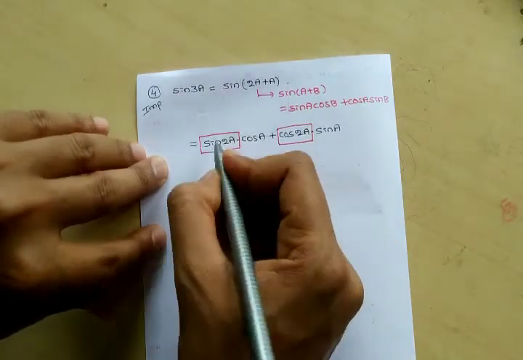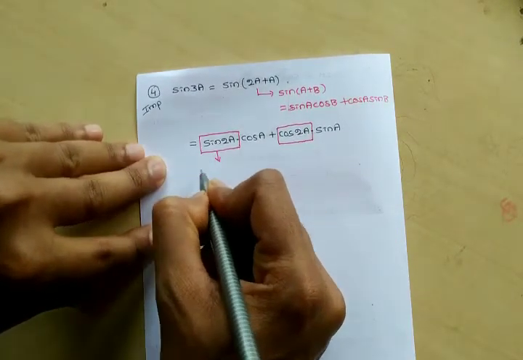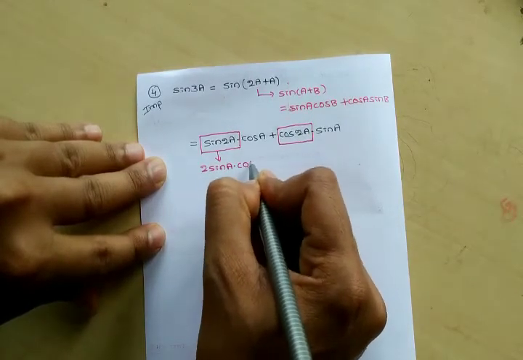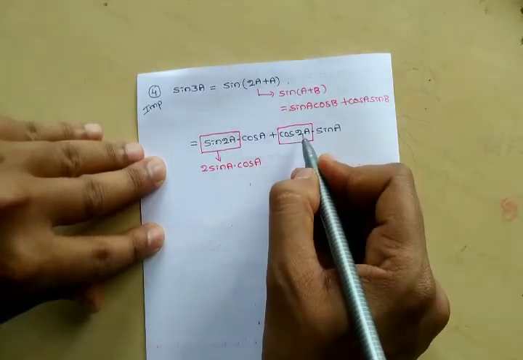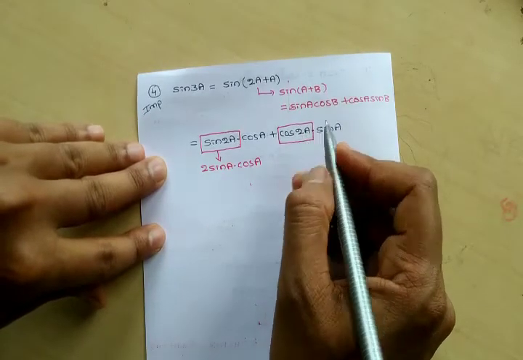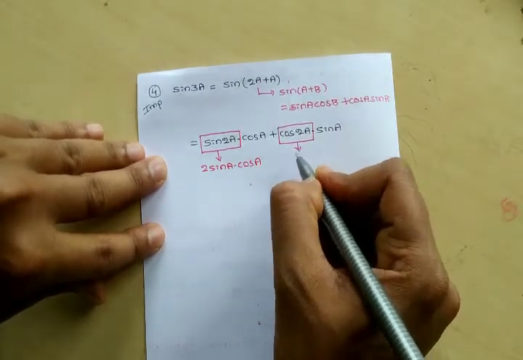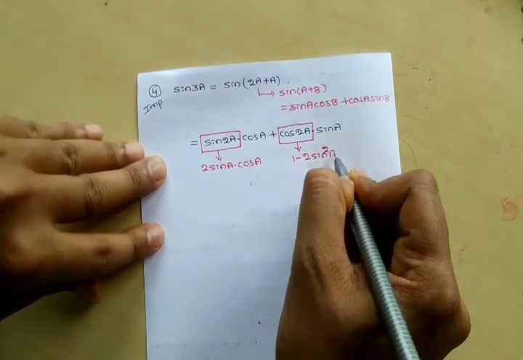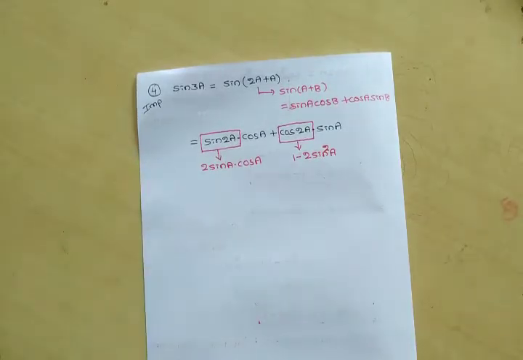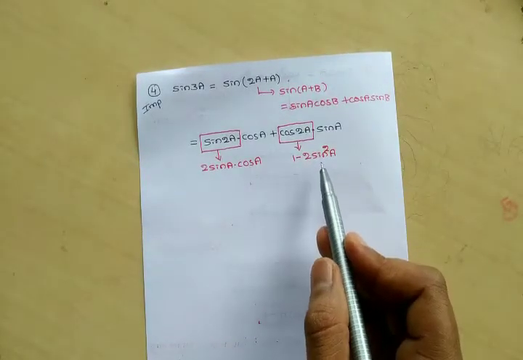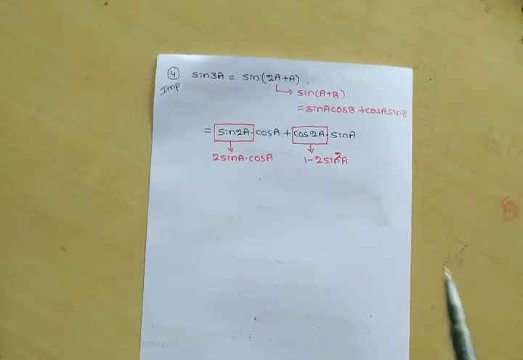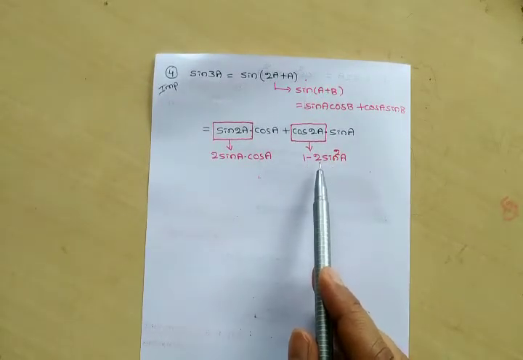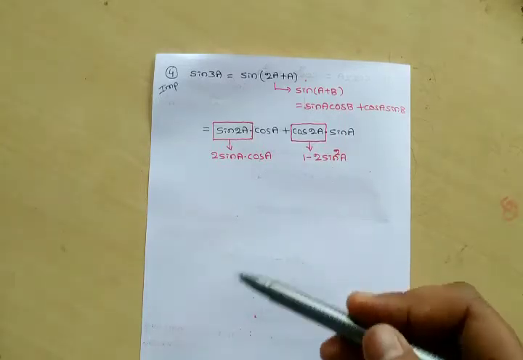You know sin 2A is 2 times sin A into cos A, and cos 2A is 1 minus 2 into sin square A. I will tell why you need to take only the 1 minus 2 sin square A formula. Next I will explain that.